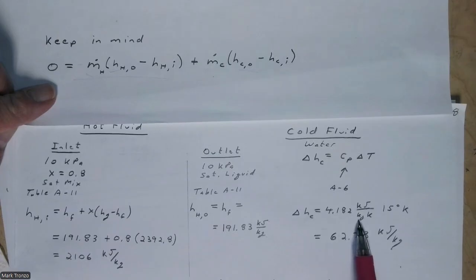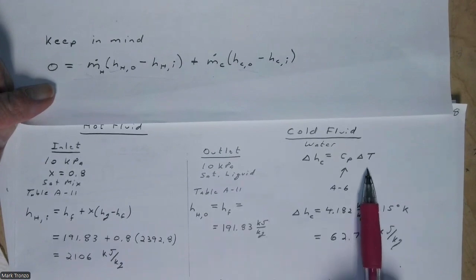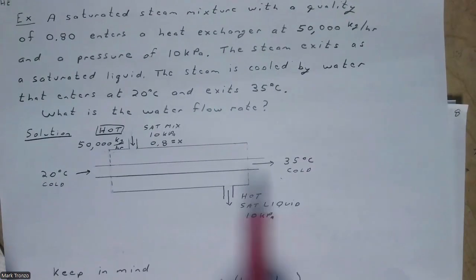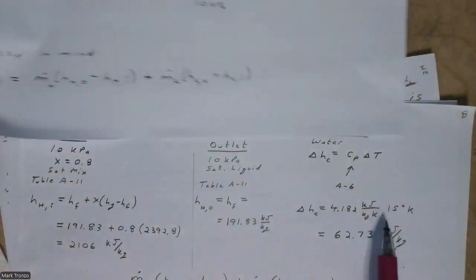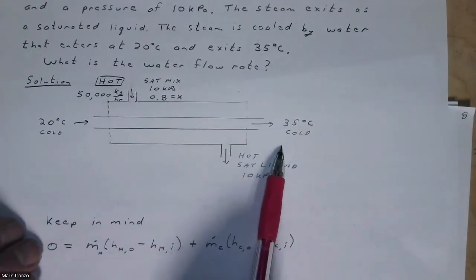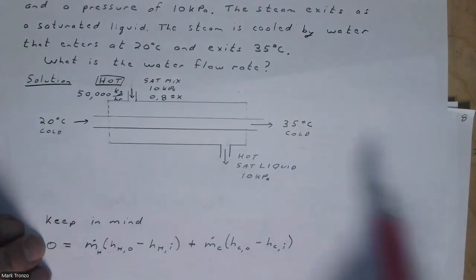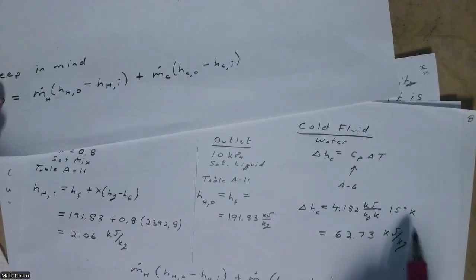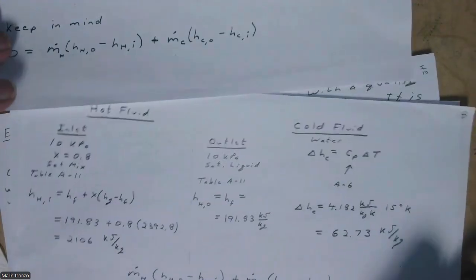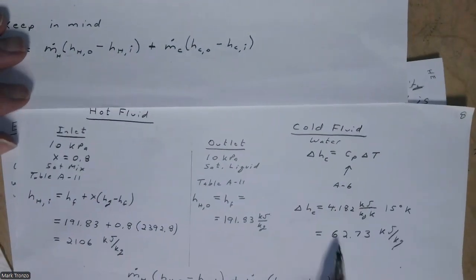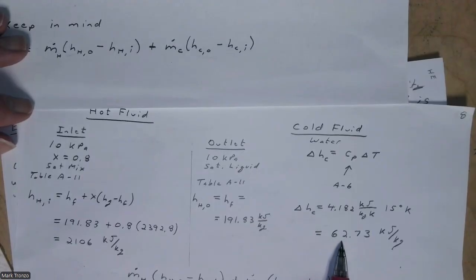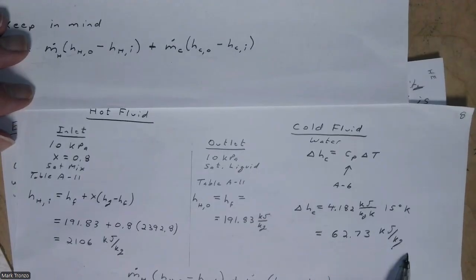That may be a little bit off, but that's pretty close. And the difference, delta T, will be 35 minus 20. So that's going to be 15 degrees C difference, which again, remember the difference in absolute and Celsius is going to be the same. So that's a 15 degrees C difference, and that's the same as 15 degrees K difference. So if we calculate our delta h_c, that's 62.73 kilojoules per kilogram.